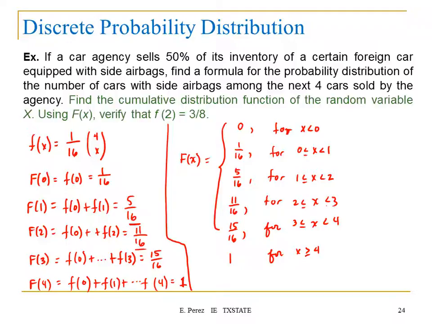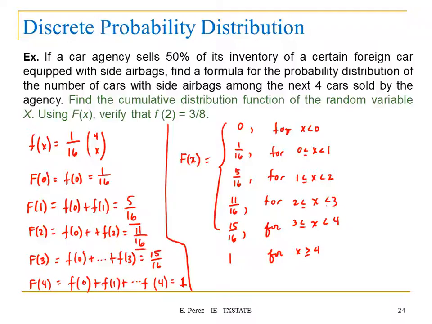Now we need to verify that f of 2 equals 3/8 using the cumulative distribution. Any idea of how to find it? Yes, sir. That's correct. So you have the cumulative probability, right? So you know the value up to 2.